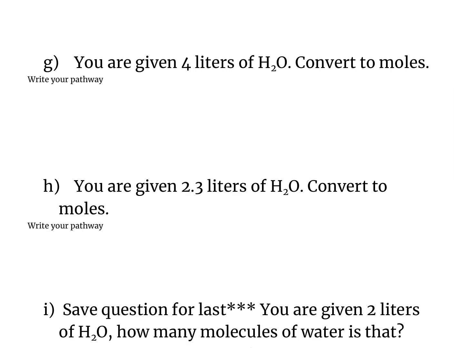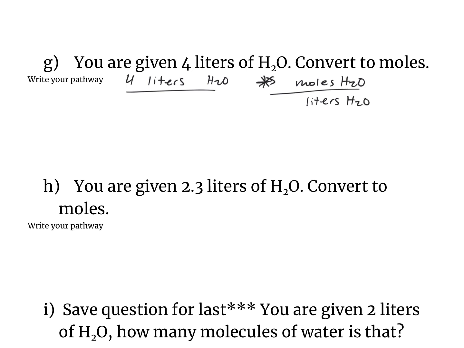The same method. Okay, so last question. You are given 4 liters of H2O. And then I want to convert it to moles of H2O. So if I want to do that, I'm going to put that over my fractions. And then on the bottom, I'm going to put liters of H2O.